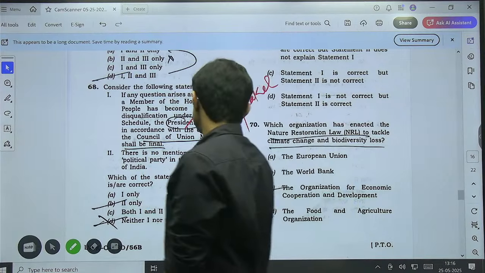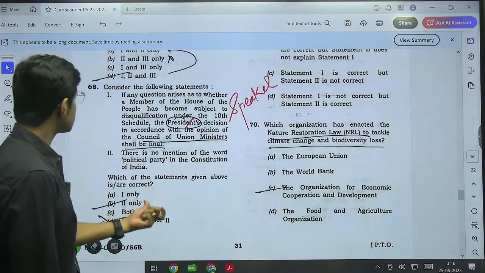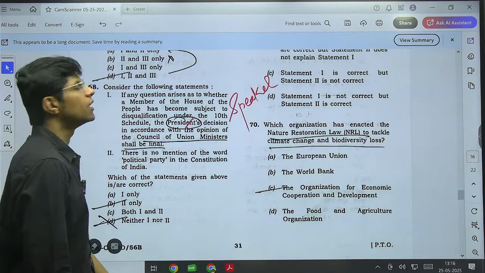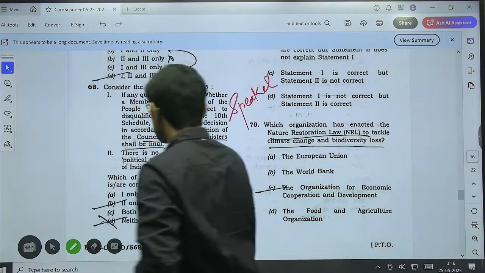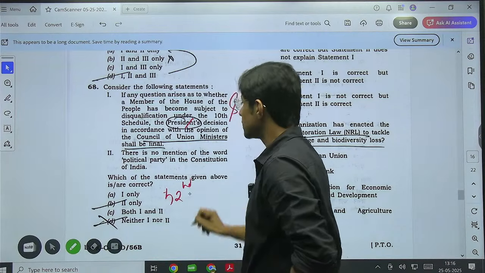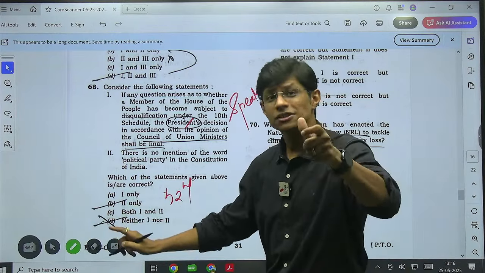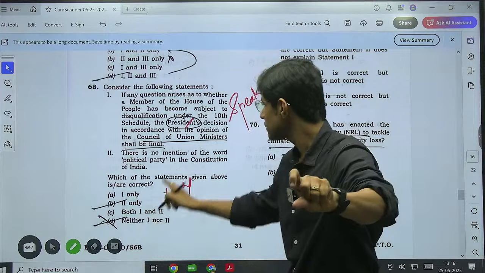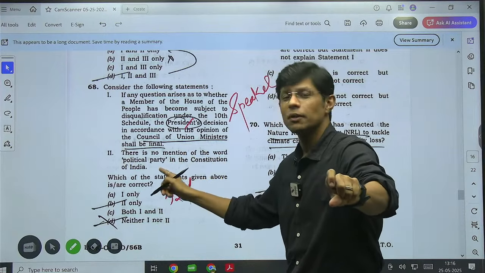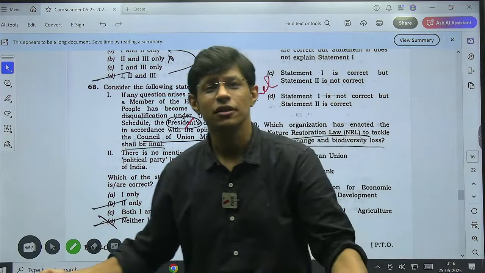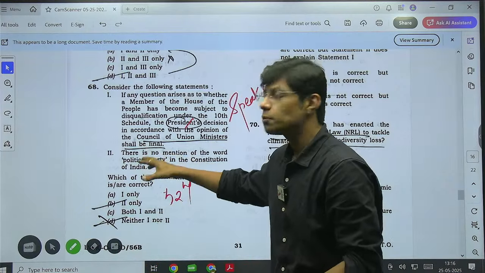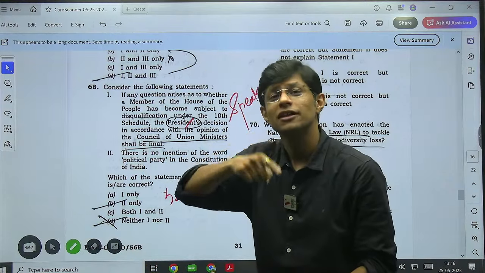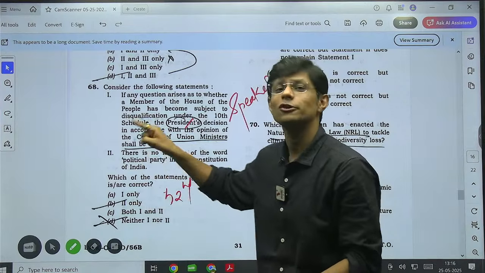There is no mention of the word political party in the Constitution of India. What is the 52nd Constitution Amendment Act? Now this question may at times seem tricky for you, but you may not have come across this word. See, there's a chapter on political party in your book Lakshmikant. That doesn't mean that it is mentioned in the Constitution.